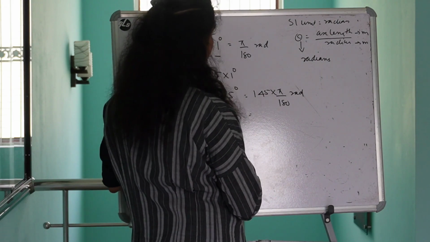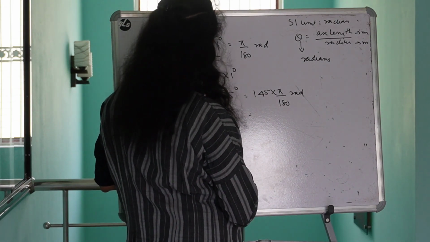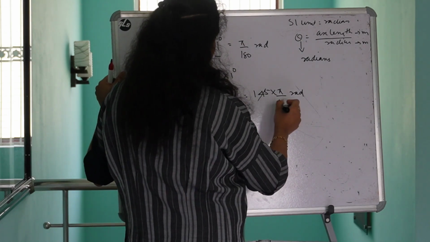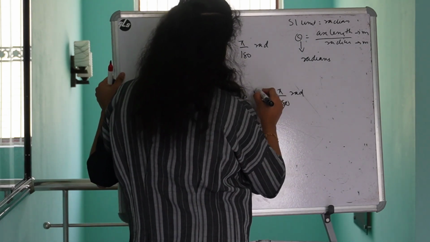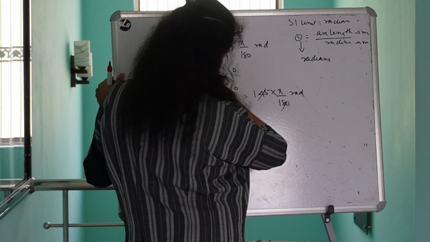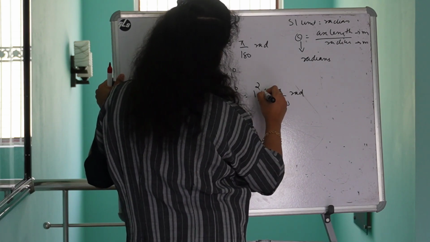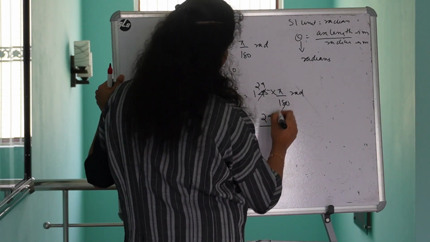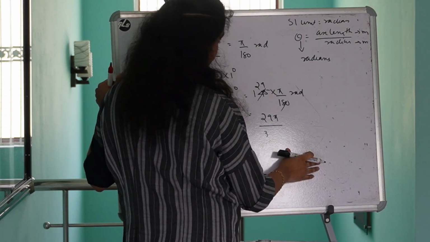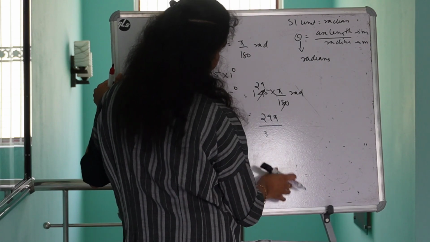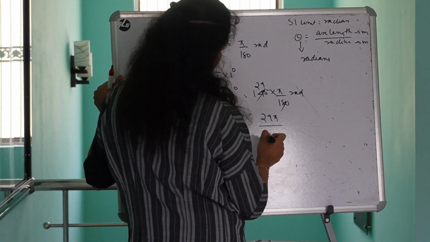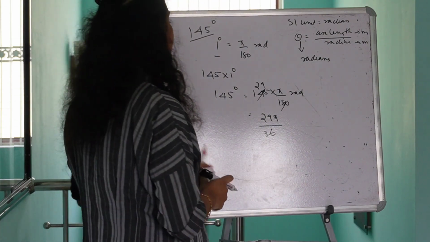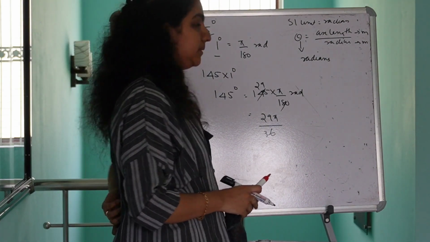So that is equal to 29 pi divided by 36.